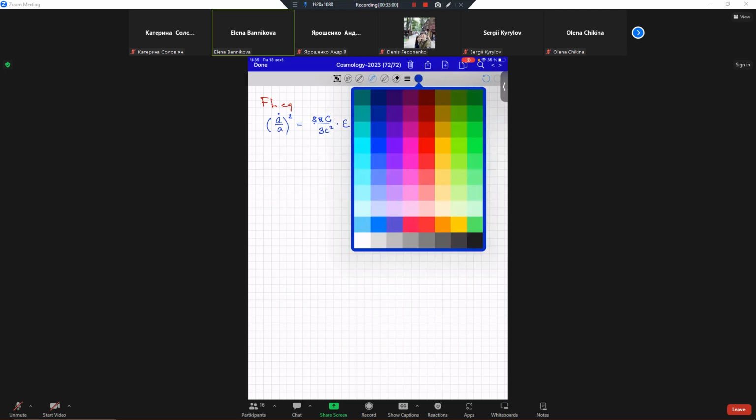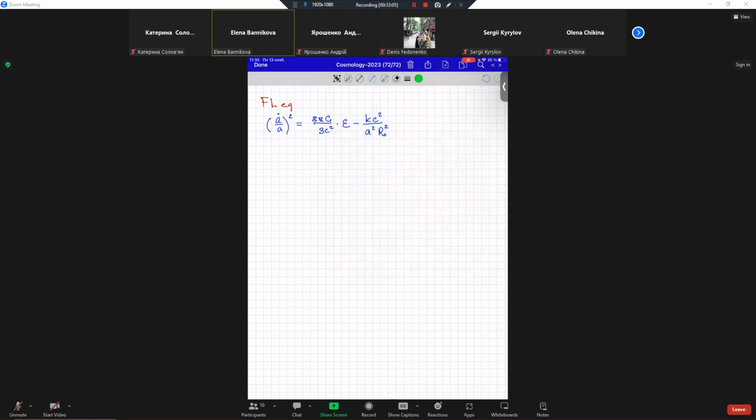And this will appear here, I will put it with some color: plus lambda divided by 3. Of course, it's better to solve the equation, but we can even understand why we need to have this 3 in the denominator.